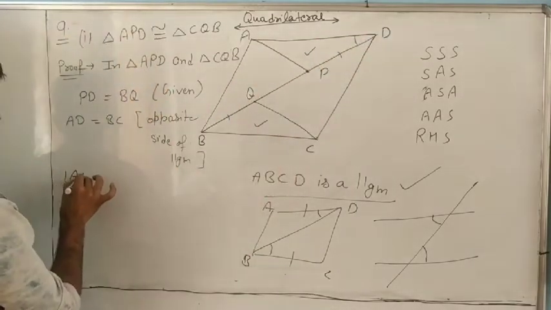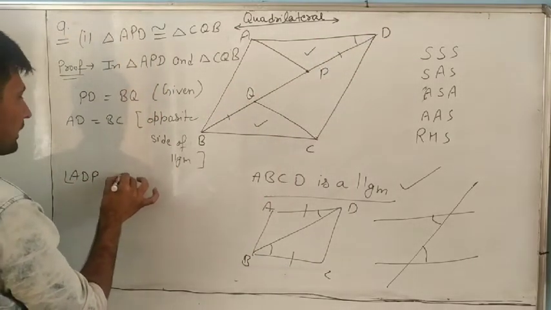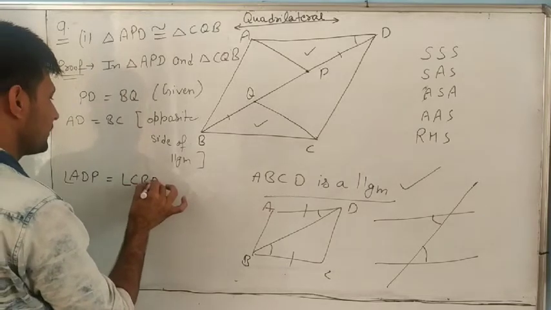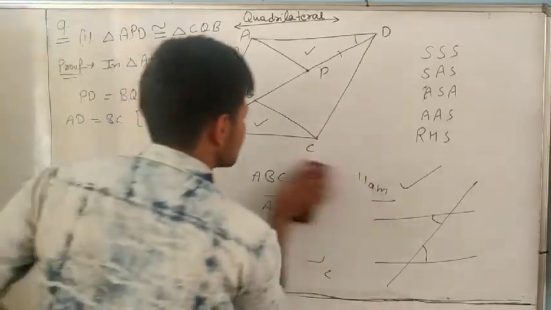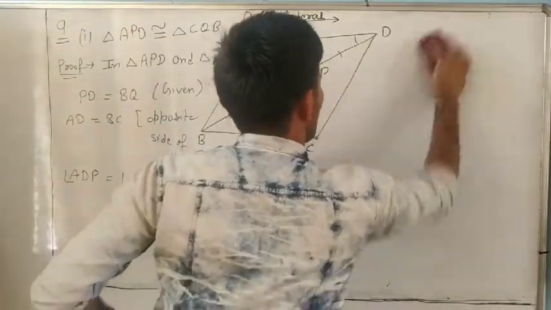So angle ADP equal to angle CBQ. Why? Alternate interior angles. Understand?